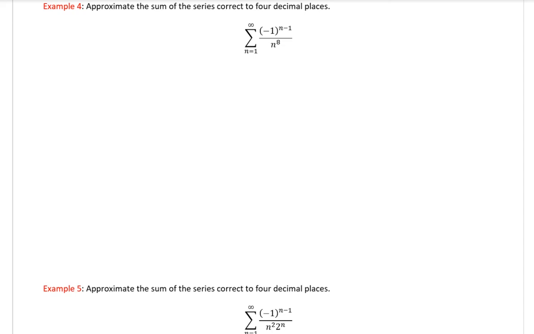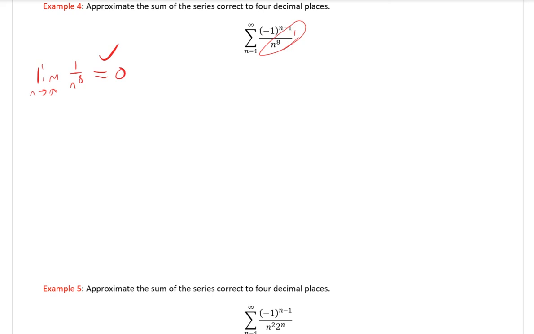Now, this looks like an alternating series. However, if we're trying to find the sum of it, we first need to verify that it is convergent. And verifying this one is convergent takes very little time. Our b sub n is this right here, 1 over n to the 8th. So we have the limit of 1 over n to the 8th as n approaches infinity. That equals 0. That's good. That is true.